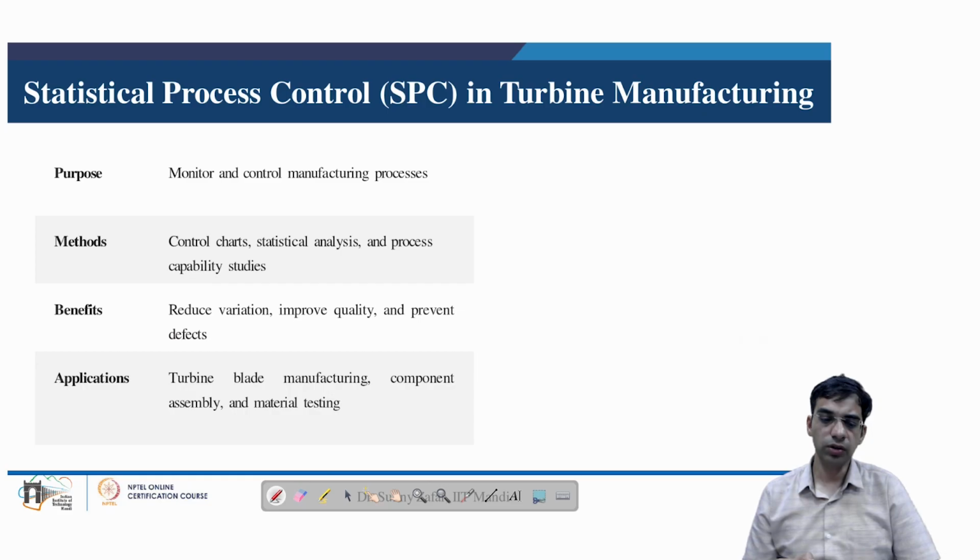Using control charts, statistical analysis and process capability studies are various methods in SPC to control the quality in turbine manufacturing. And use of statistical process control helps to reduce variation, improve quality and prevent defects. So turbine blade manufacturing, component assembly and material testing can be benefited by use of statistical process control.